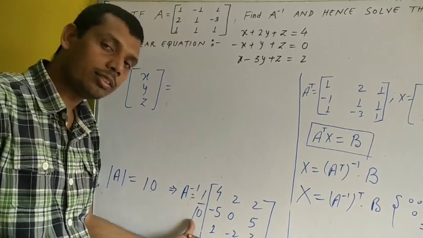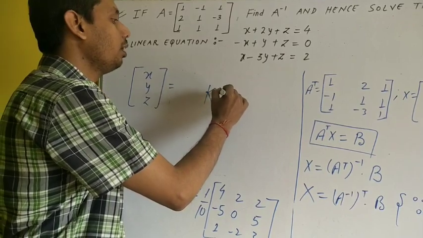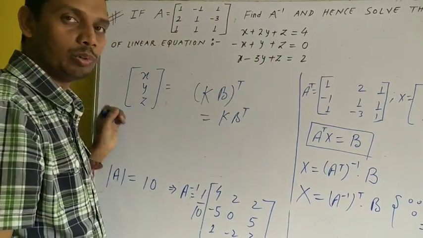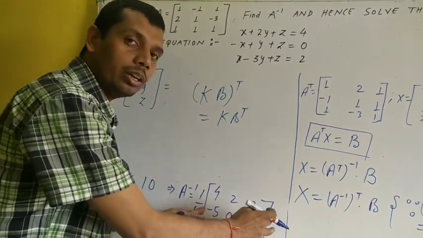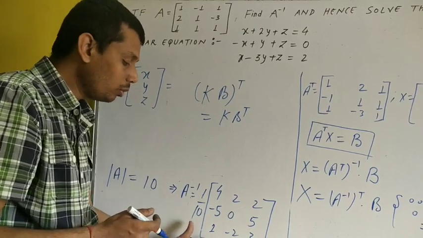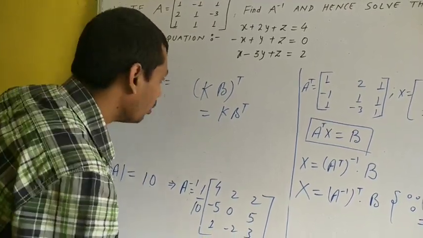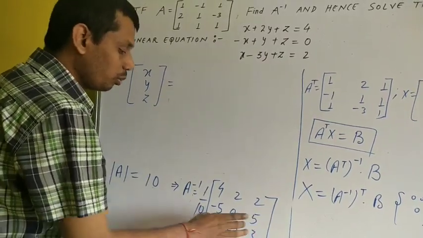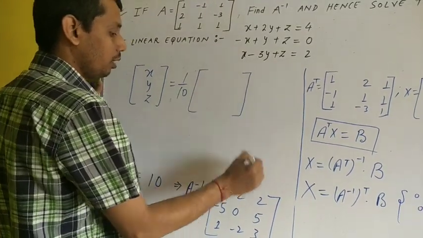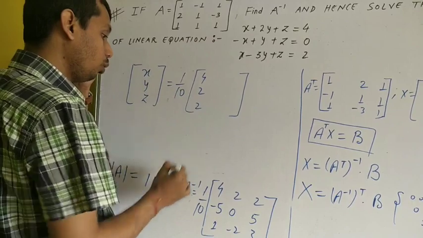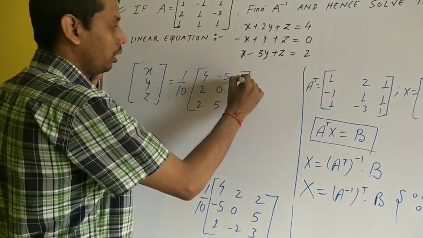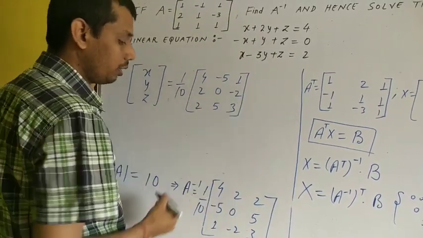This is a scalar. As we know that (K B) transpose is equal to K into B transpose, this is in the form of K B. So if we take the transpose of this K B, the scalar will remain as it is, and we just take the transpose of the matrix. Now the value will be 1 by 10, and the transpose of this matrix will be 4, 2, 2, minus 5, 0, 5, 1, minus 2, 3.